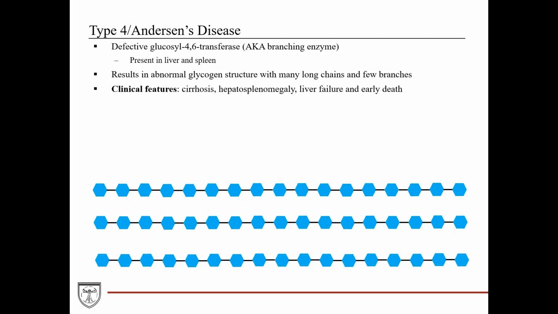Now, if you're unable to do that, what ends up happening is you have very abnormal glycogen structure, and you have many long chains, as we show here, with very few branches. And so what this leads to is very insoluble glycogen structure, and it causes severe glycogen accumulation.